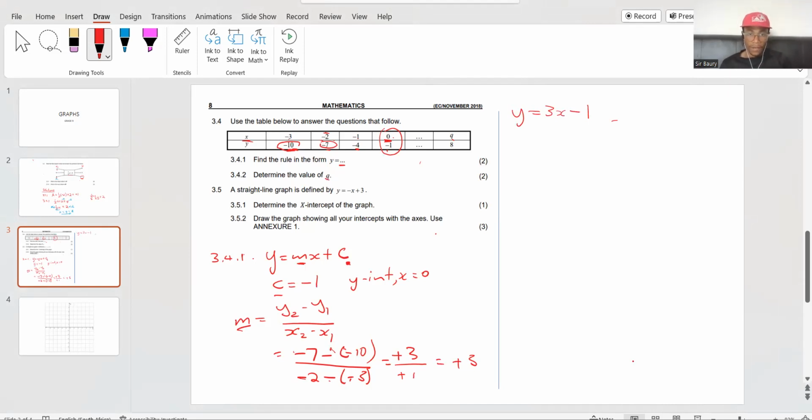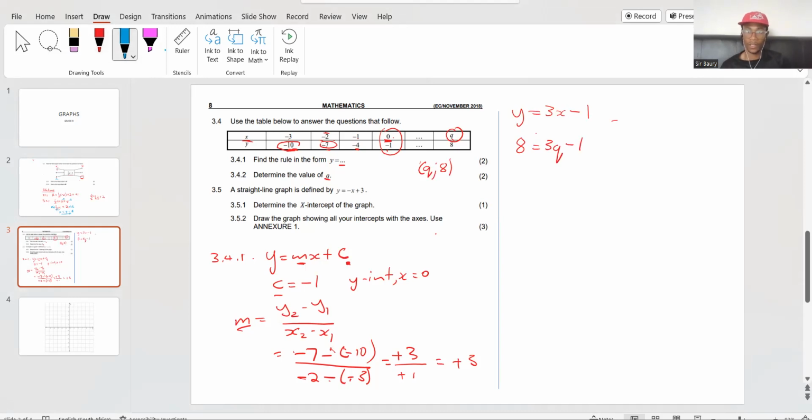Then to get the value of q, q is x. For this point, I have q and 8. So in the place of y, I place 8, and in the place of x, I place q, then minus 1.